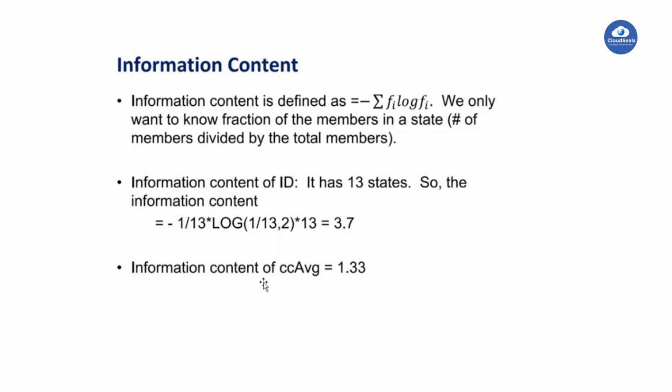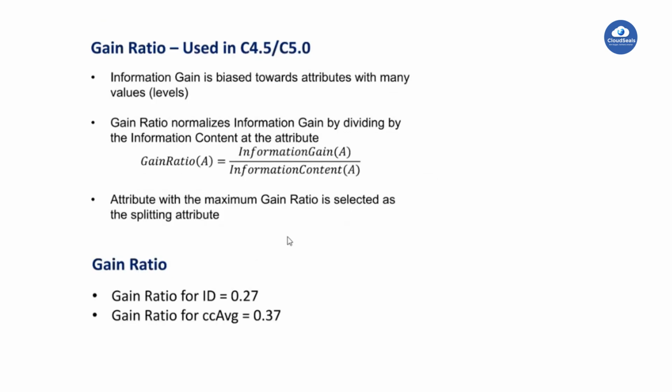But for CC average, we are getting less gain and less entropy. To avoid this type of problem, we calculate the gain ratio. What is the formula for the gain ratio? Information gain divided by information content.